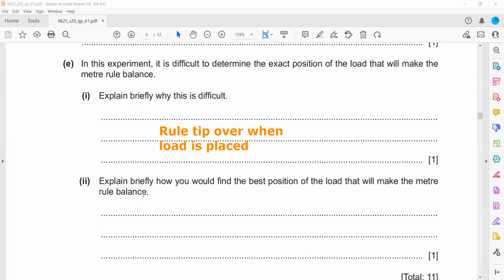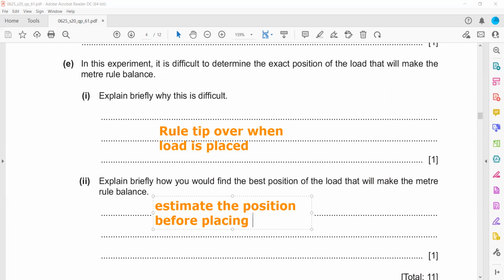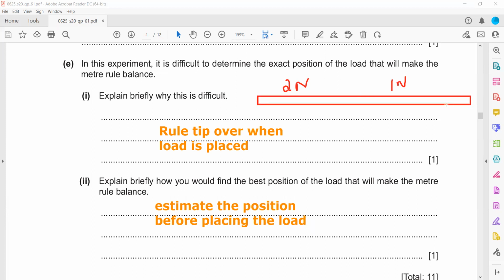And explain how you would find the best position of a load that will make the meter rule balance. So how do we locate the best position? We will estimate the position before placing the load. Like if one load is 2 Newton, another load is 1 Newton, and I want to balance them on a meter rule, the 2 Newton should be closer to the pivot and the 1 Newton should be away from the pivot.